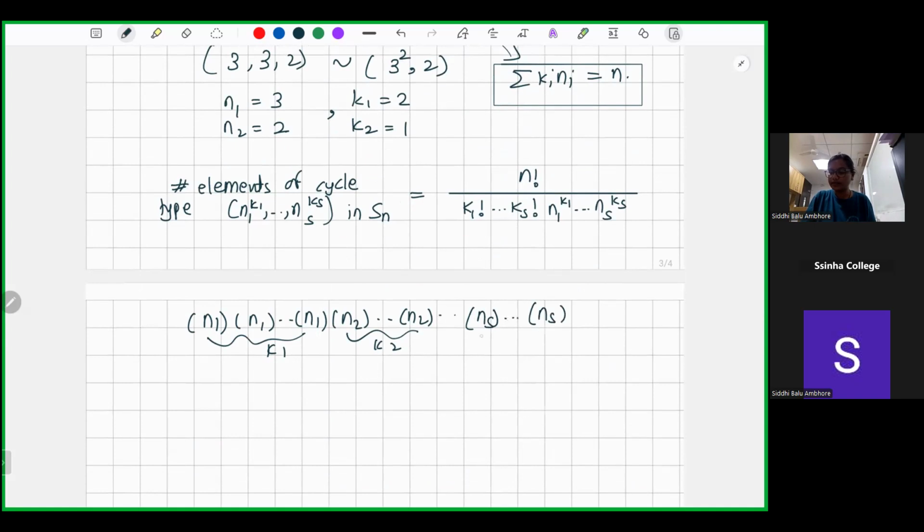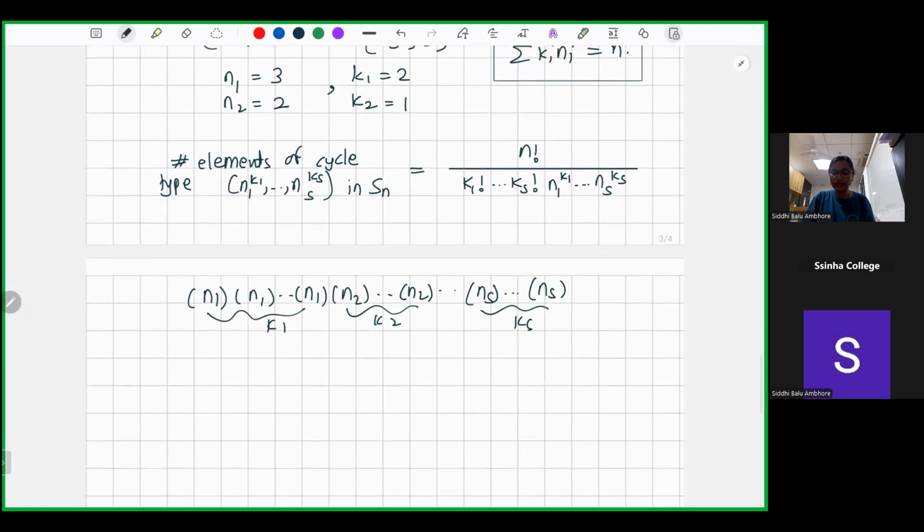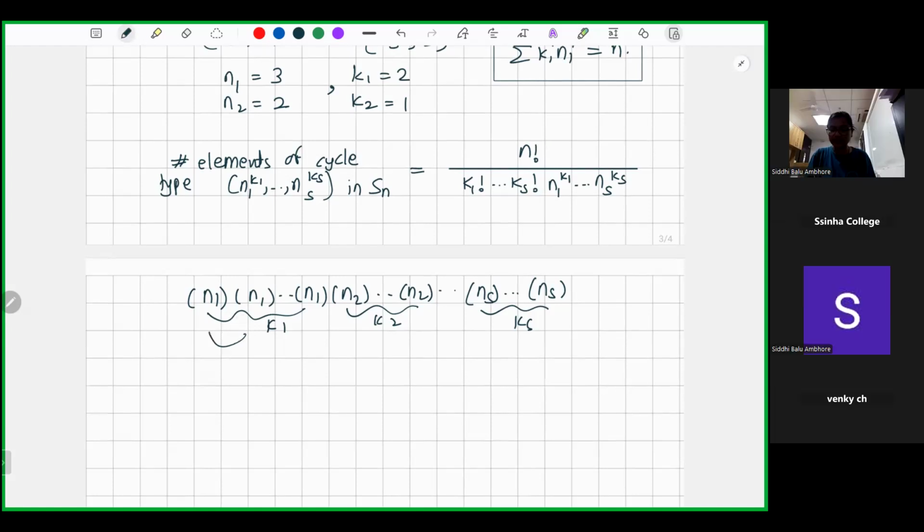So when I write this, it only gives me such elements. It doesn't differentiate when I shuffle these n1s.